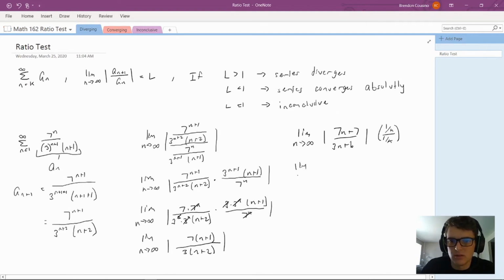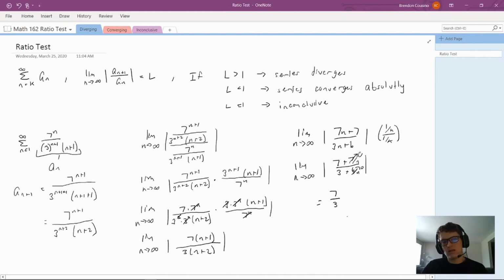So it's going to be the limit as n approaches infinity of the absolute value of, looks like we're going to get 7 plus 7 over n over 3 plus 6 over n. Okay, so now we can evaluate our limit, and just like on previous videos that we've had where the infinity's in the denominator for these terms, this is going to go to 0, this is going to go to 0. So it looks like our limit's going to end up being equal to 7 over 3.